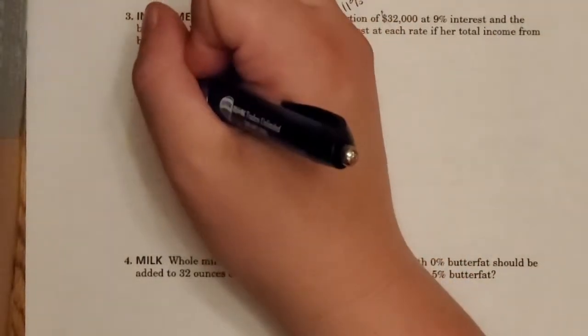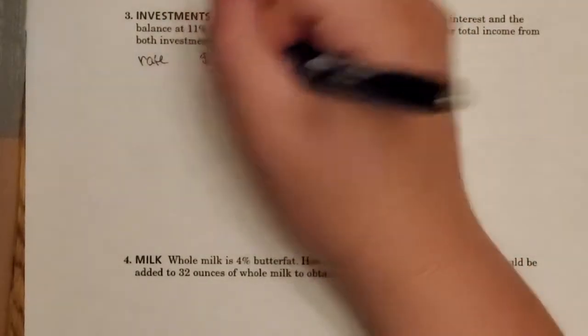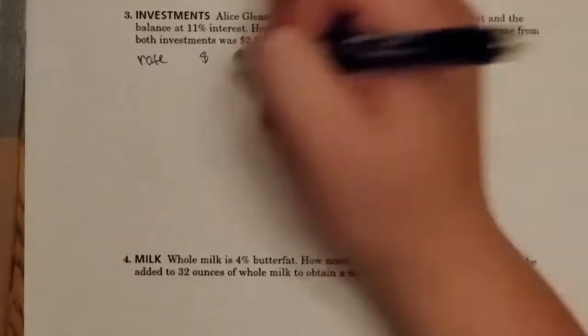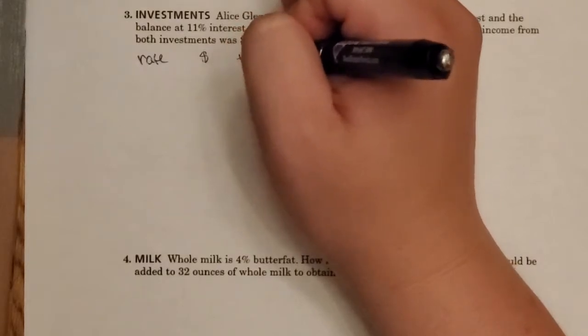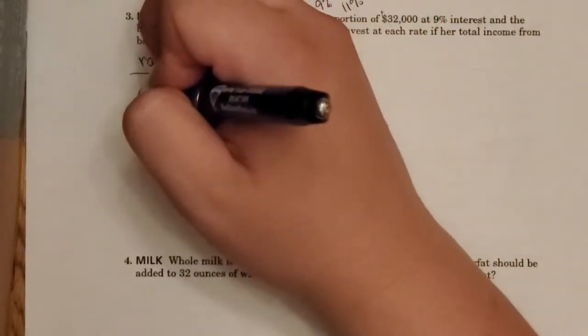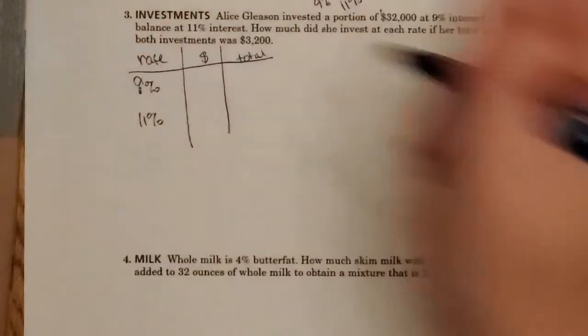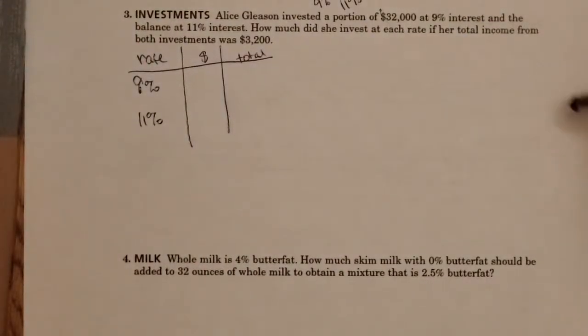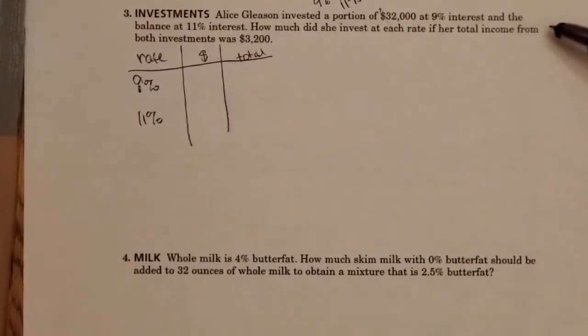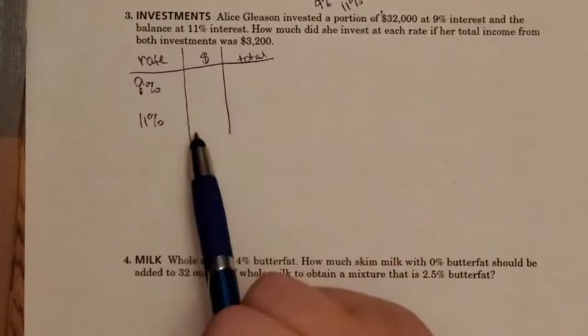Okay, so we have our rate, we have our money, and we have our total. So she has 9% and 11%. We are trying to figure out how much she invested total in each one.